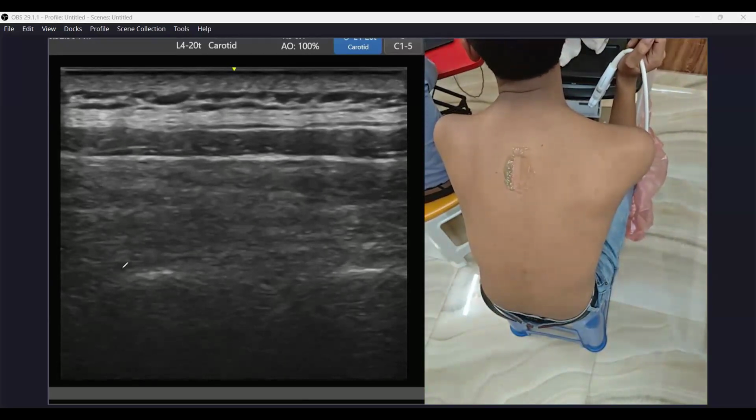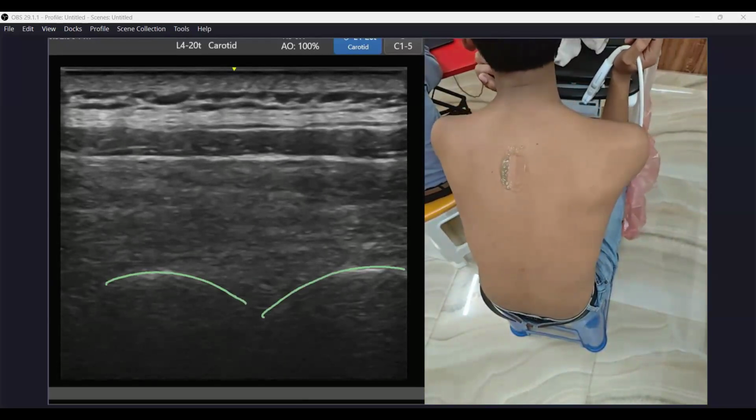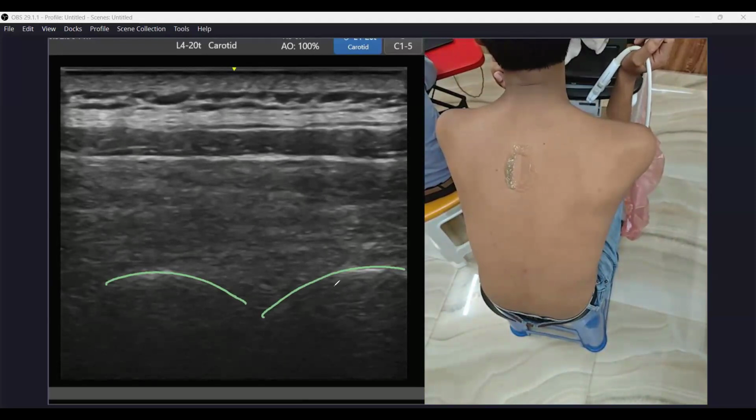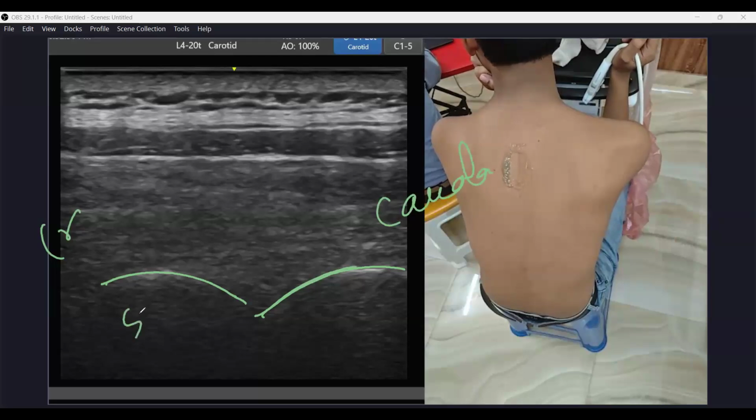I will show you with another probe also. Here actually there is no gap. So these are the facet joint line, articular process. This side is cranial side, this side is caudal side. So this is the superior, this is the inferior articular process.